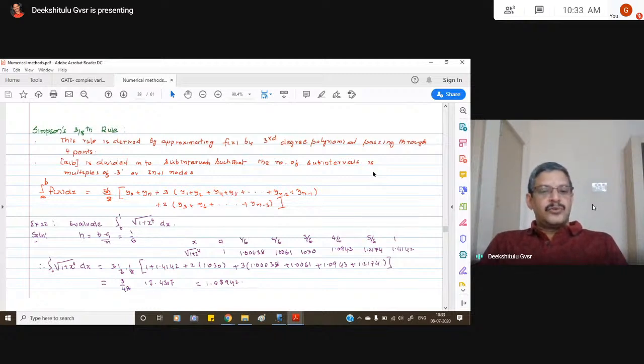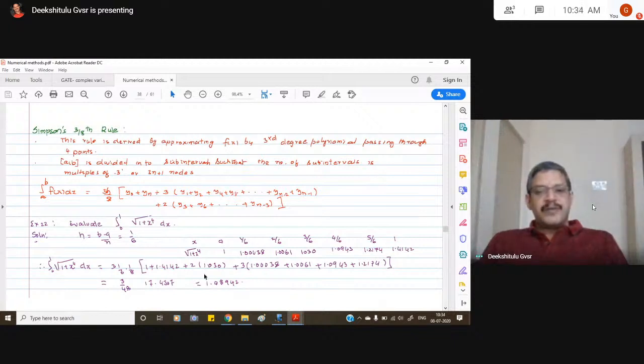So evaluate integral 0 to 1 of square root of 1 plus x power 4 dx. Because we want to apply Simpson's 3/8 rule, let's say we divide this into 6.